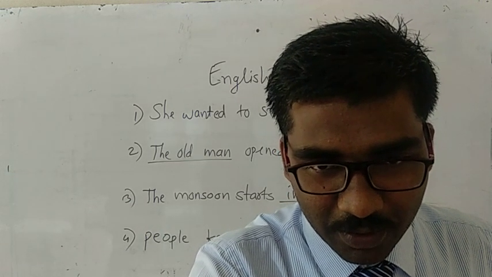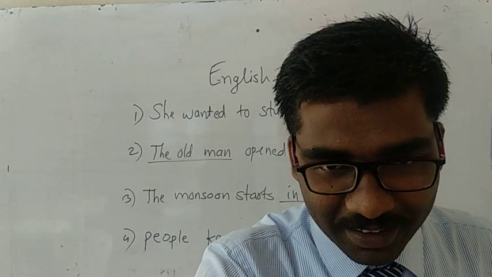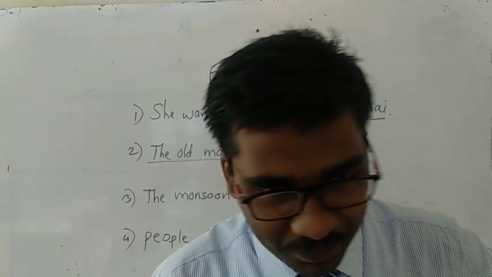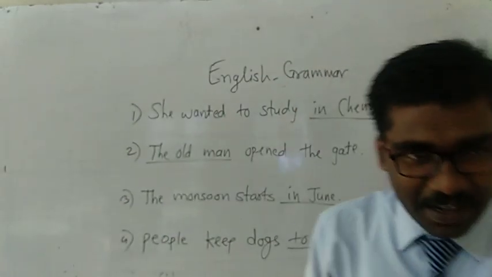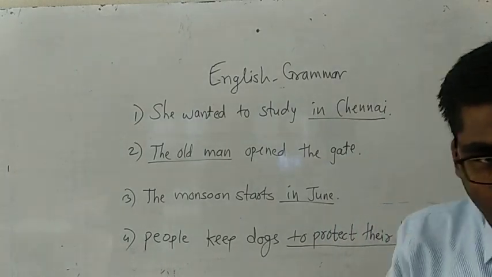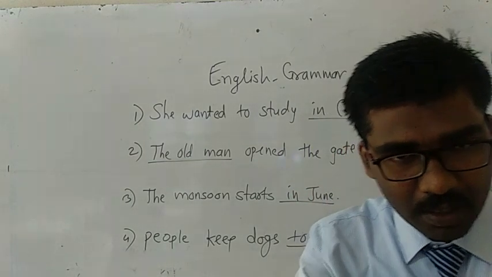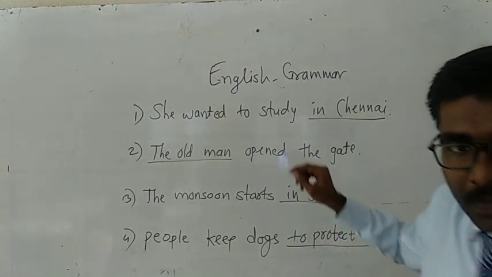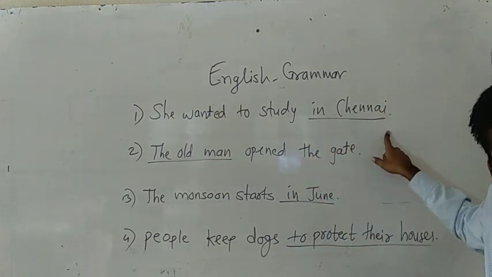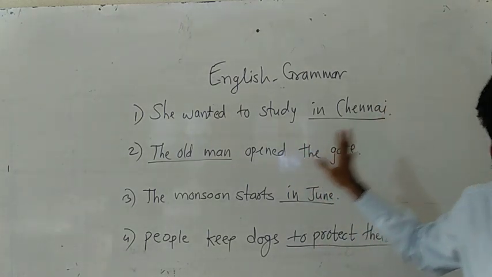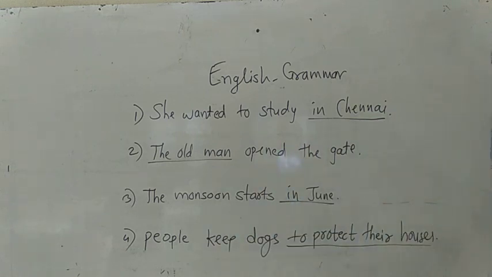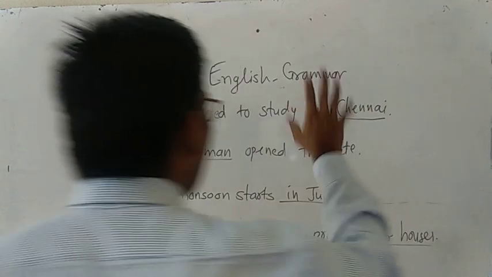Ramangoda, first. Only tell me here in the first sentence what is the underlying part. In Chennai. So in Chennai is the underlying part.